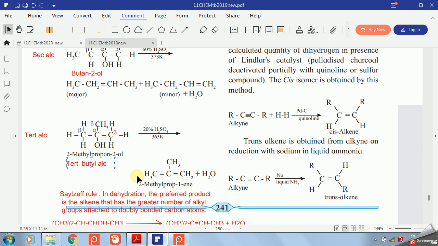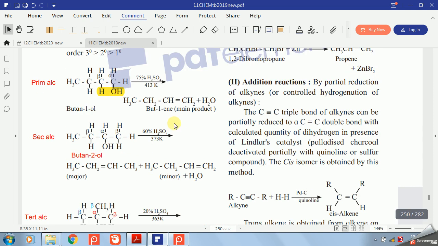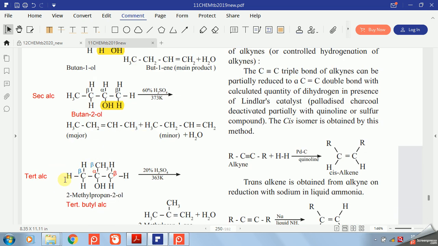Okay, so this tertiary butyl alcohol reacts with only 20% H2SO4 and the temperature is again decreased to 363 Kelvin. So here again, as in the case of secondary alcohol, OH and H get removed from the alpha and beta carbon.